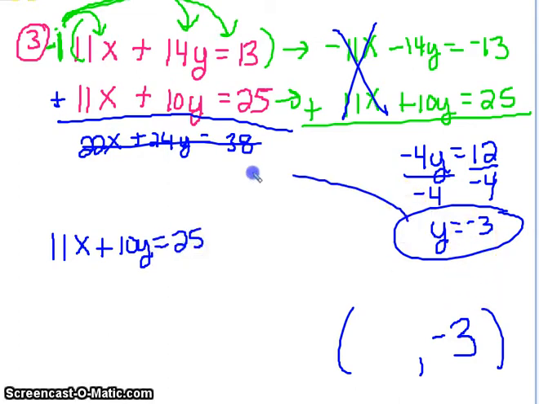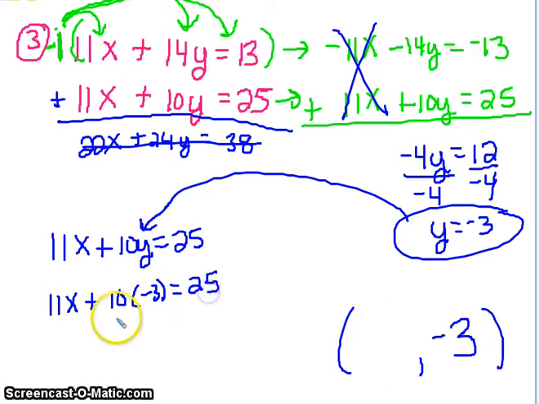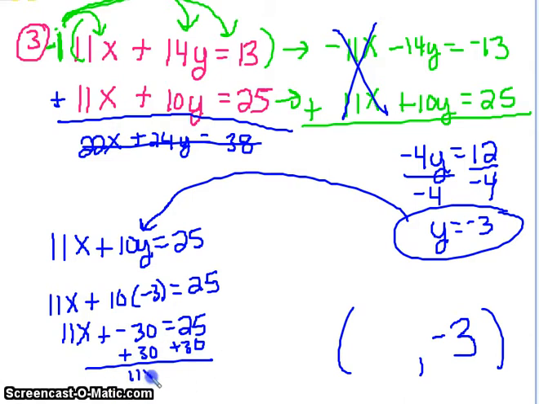We know y equals negative 3. And 11x plus 10 times negative 3 equals 25. 11x plus negative 30 equals 25. Add 30 to both sides. 11x equals 55.